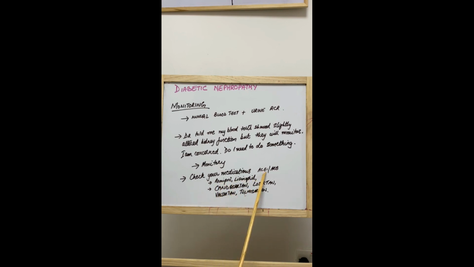These belong to the class ACEI or ARB, and basically these are used for control of blood pressure, but they also have a very important role in preventing progression of diabetic nephropathy. So have a look through your medication list to see if you are already on any one of these: ramipril, lisinopril, candesartan, losartan, valsartan, telmisartan. These are the common ones used for managing progression of diabetic nephropathy by your GP.